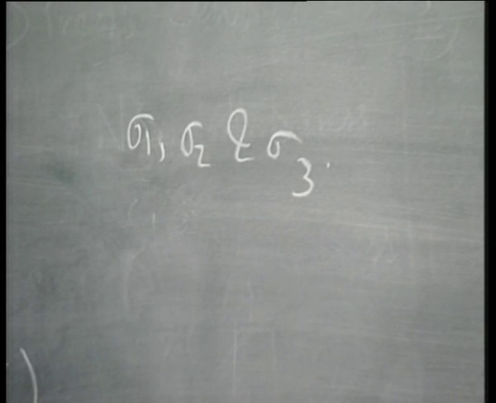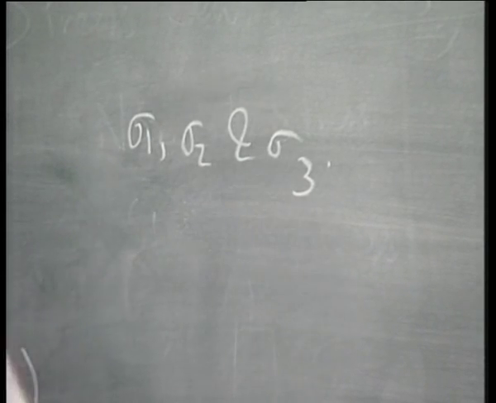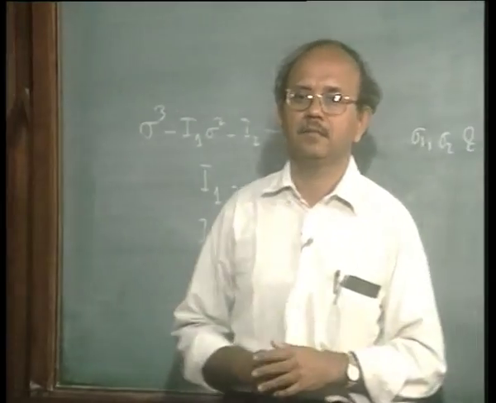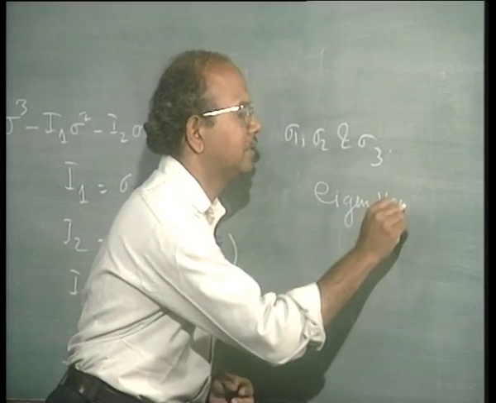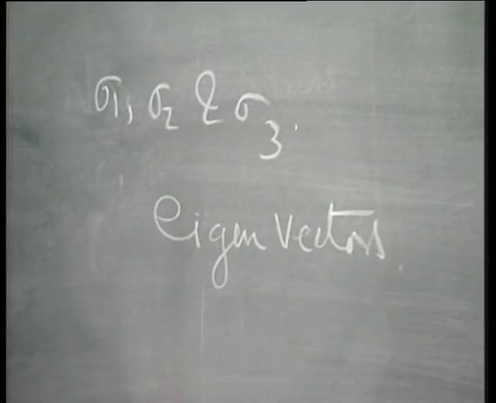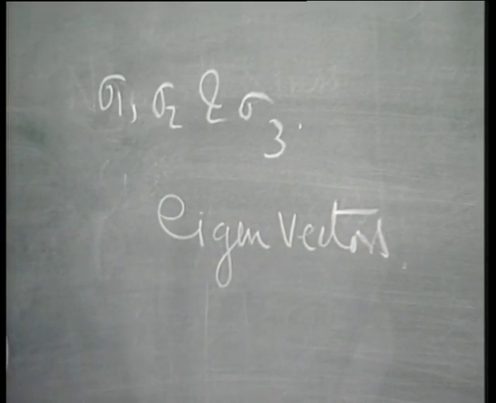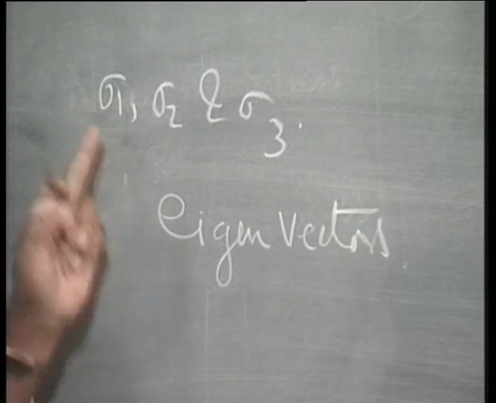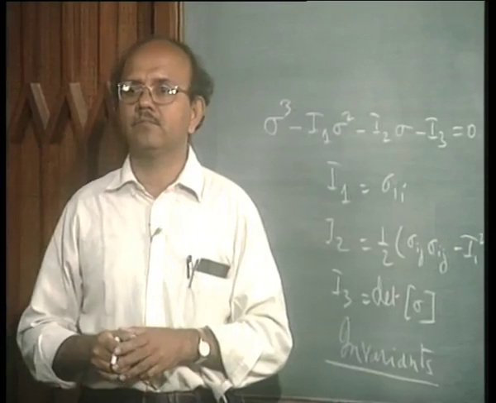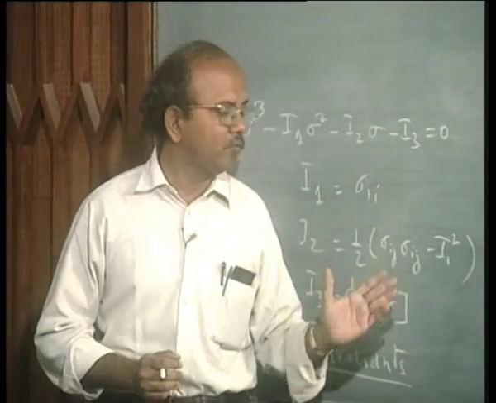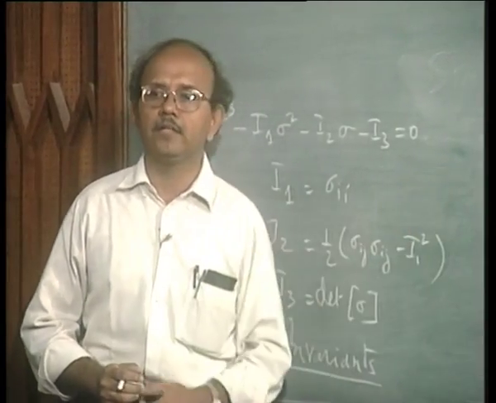Okay. So, corresponding to this, there should be eigenvectors. In this case, what are these eigenvectors? They are the principal planes, they are the n's. For each of these eigenvalues, I will get one set of n's, which I can get by solving the equation which we have written there.